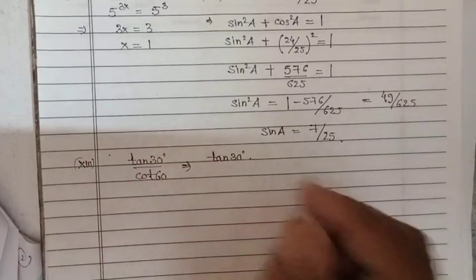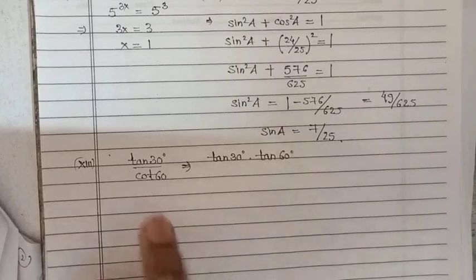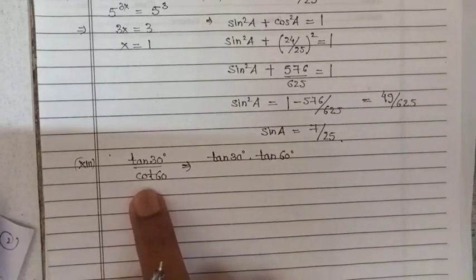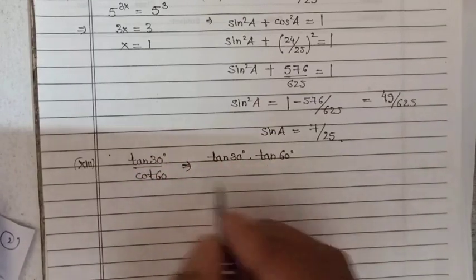If I take reciprocal, it will become tan 60 in the numerator place. See, cot 60 in the denominator place can be written as tan 60 in the numerator place.